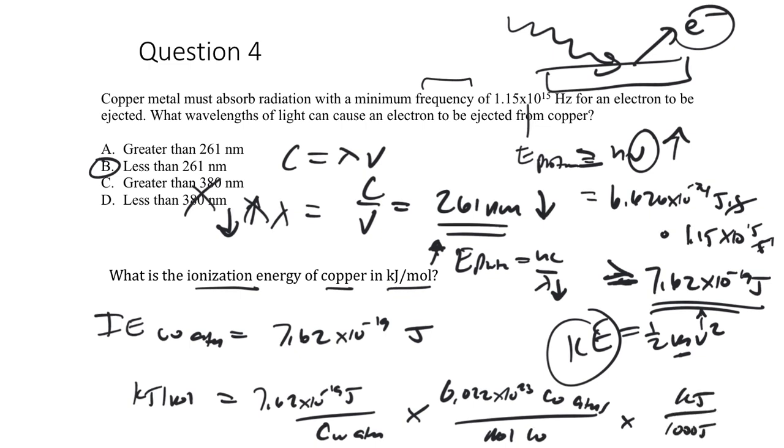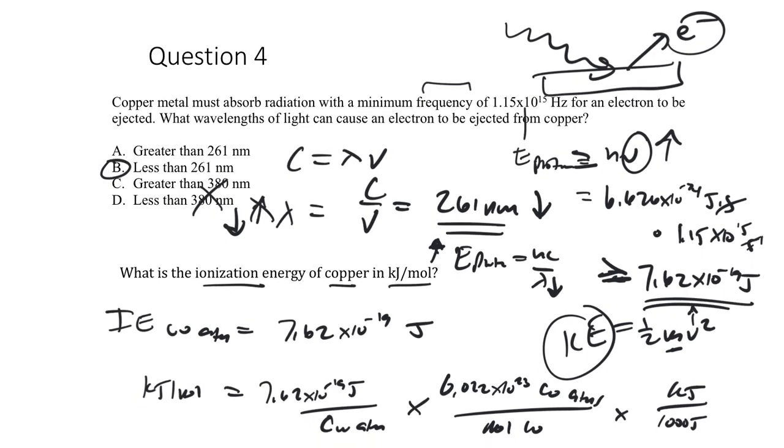So if we take that energy, 7.62 times 10 to the minus 19, times Avogadro's number, so 7.62 e to the negative 19 times 6.022 e to the 23, divided by 1,000, is 459 kJs per mole.